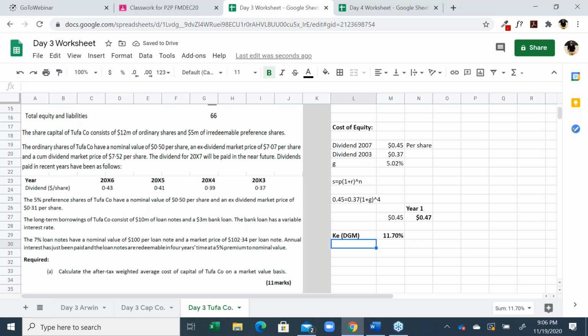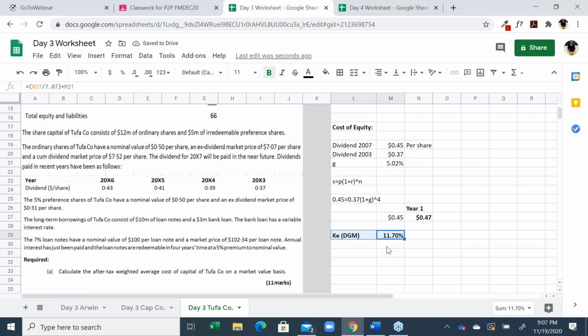And if we calculate Ke without growth, then we can simply take 0.45 and divide it by 7.07. Without growth, it's 6.36%. And with growth, it's 11.7%. That's not required.